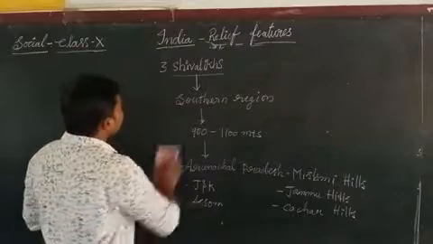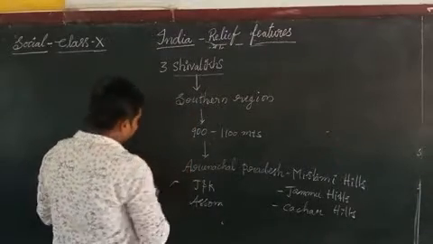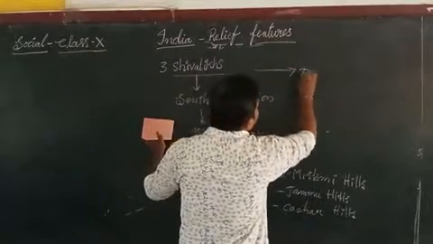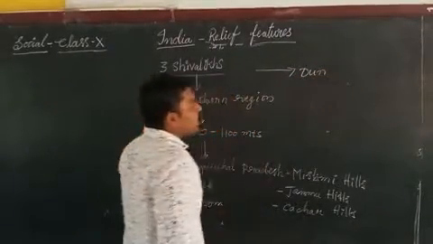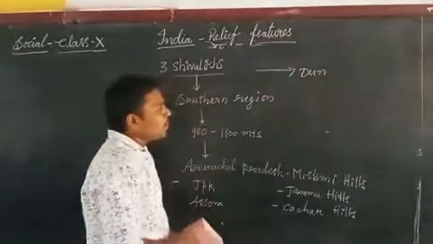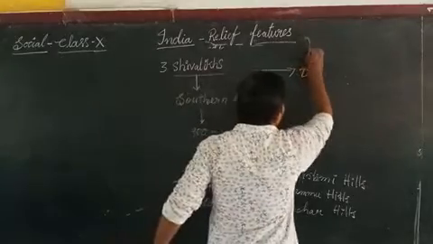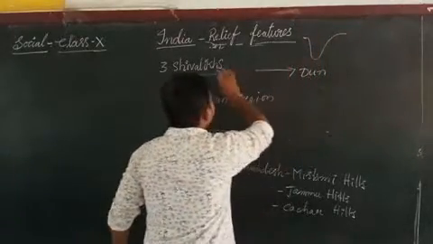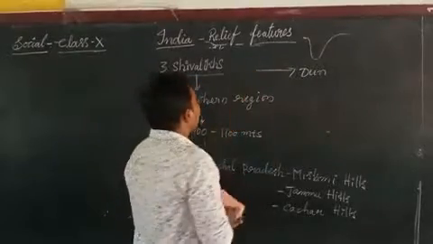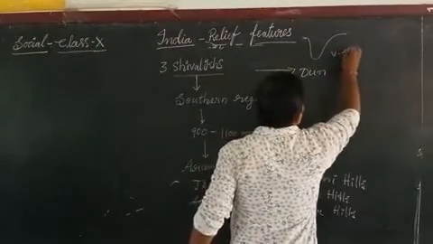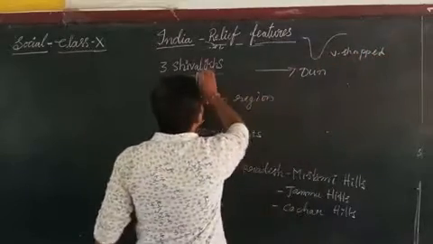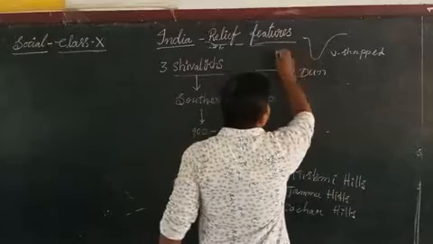The Shivaliks have the famous dunes. What is the meaning of dune? Dunes are the V-shaped valleys lying between the Shivaliks and the Lesser Himalayas.